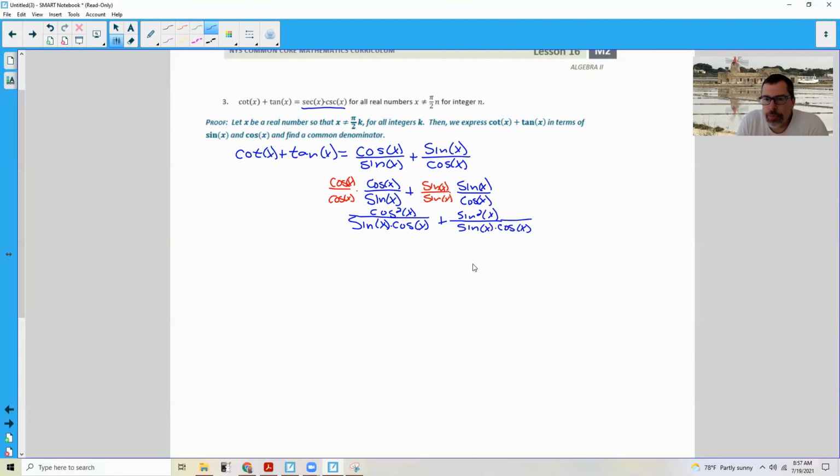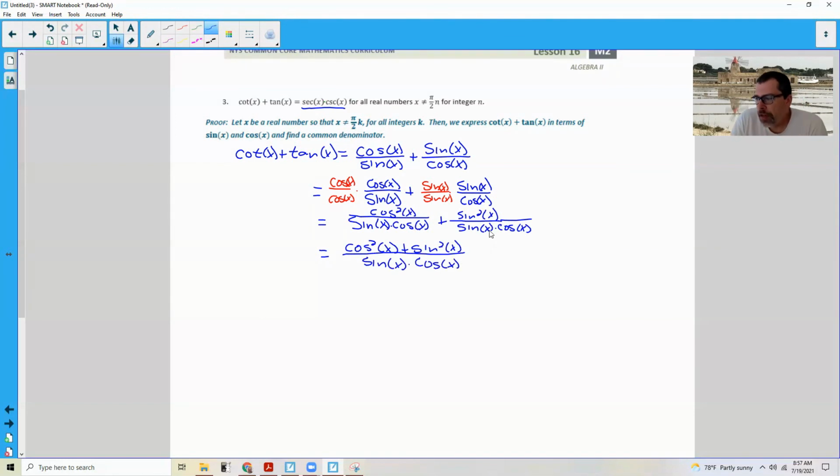So now I have common denominators, and actually I should have an equal sign here and here. So then I get cosine squared x plus sine squared x over sine x times cosine of x.